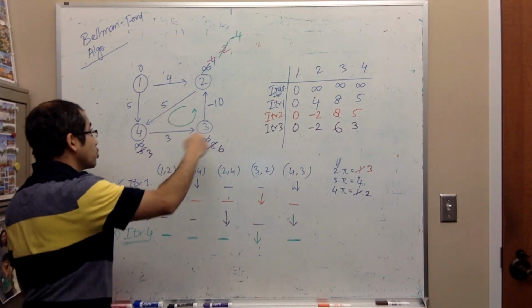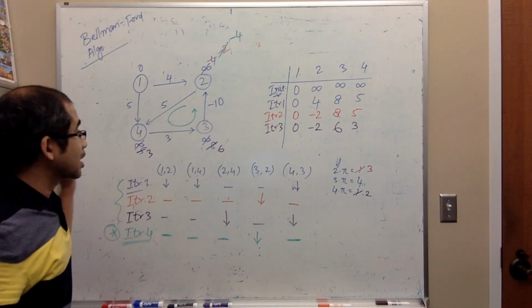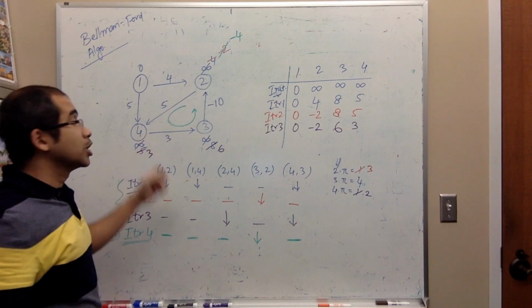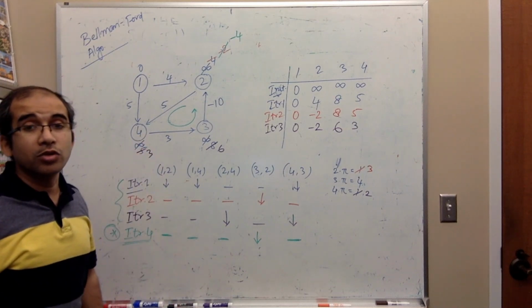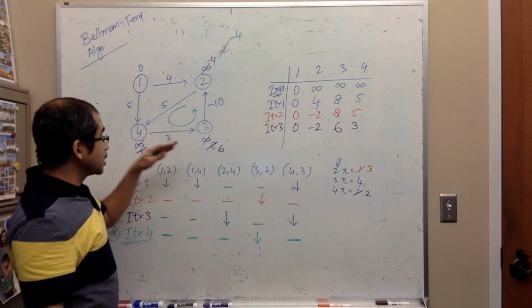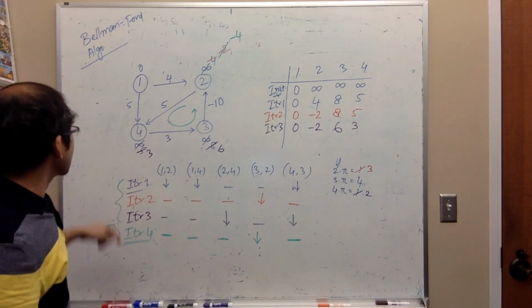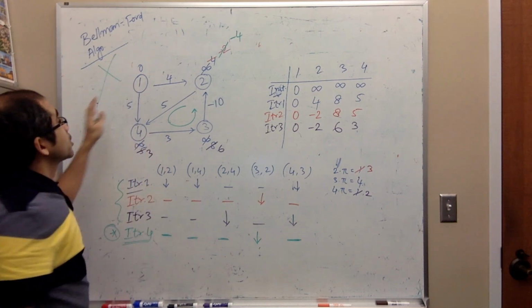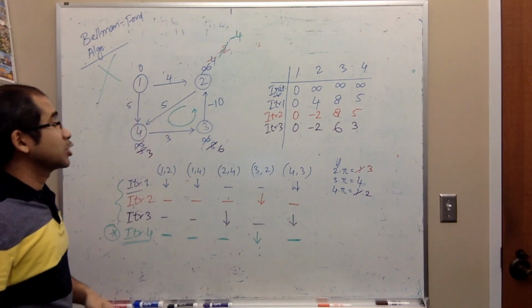So every time you run the algorithm, you will find at least one edge will have a value 2 less. This is why this will never terminate, and the Bellman-Ford algorithm will not work for this case, which has a negative edge weight cycle.